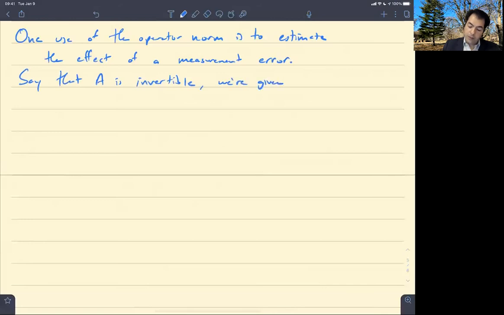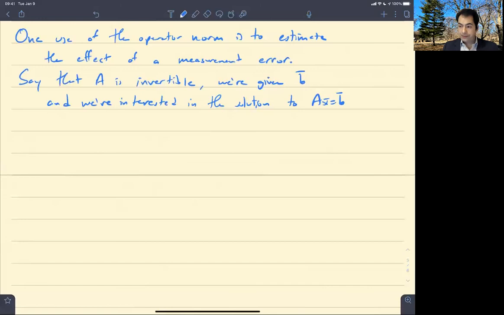We're given a vector B and we're interested in the solution to AX equal to B. That is, we're looking for the vector X, which is given by A inverse times B.